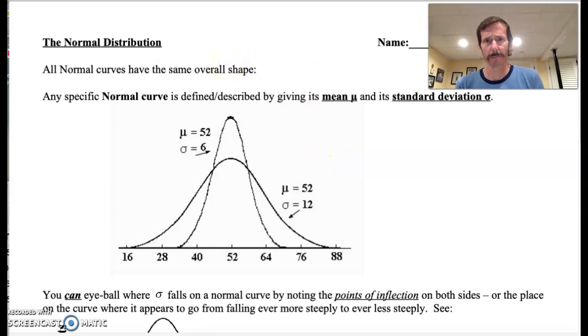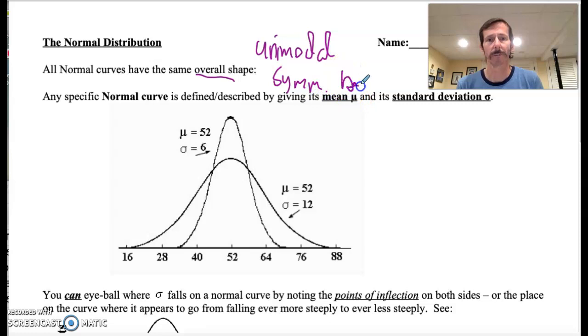The key about normal curves in general, they have the same overall shape. And that overall shape is demonstrated down here in both of these. They are unimodal, so they only have one mode. They are symmetrical, and they are bell-shaped.